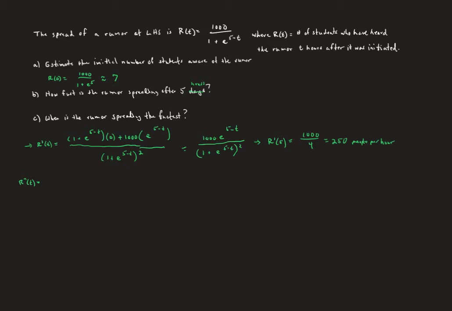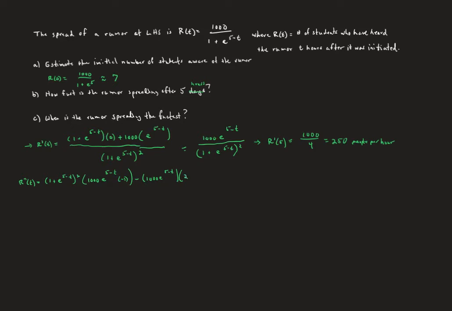So we're going to take R double prime. So we're going to take the denominator, that's the (1 + e^(5 - t)) squared times the derivative of the numerator, which is going to be 1,000 times that e^u du. So e^(5 - t), and then the du is going to be a -1. Minus the numerator, there's our 1,000 e^(5 - t) times the derivative of the denominator.